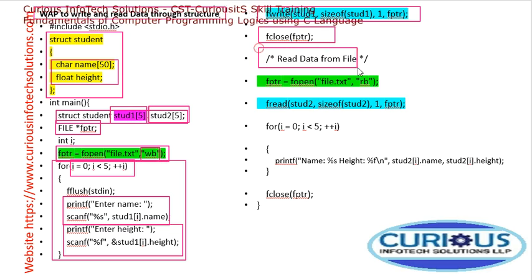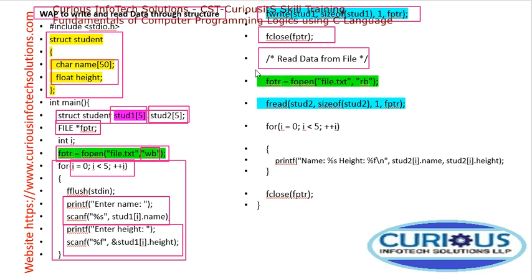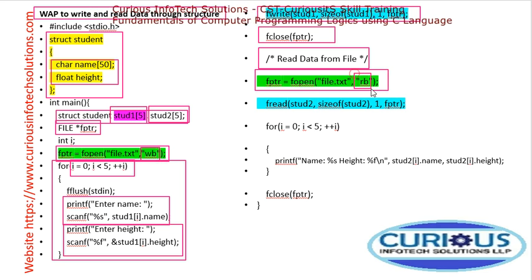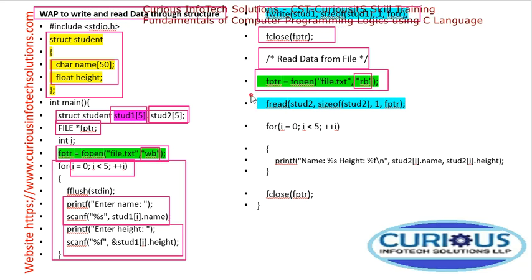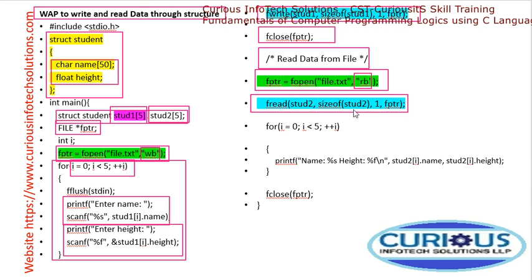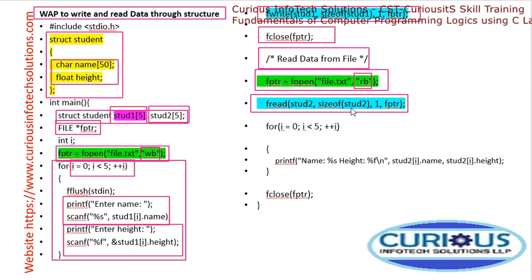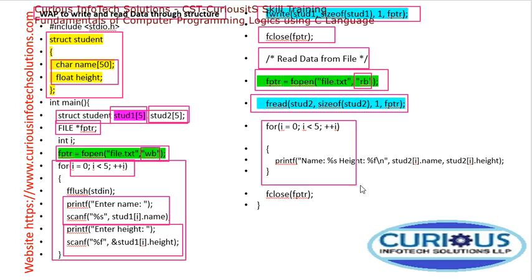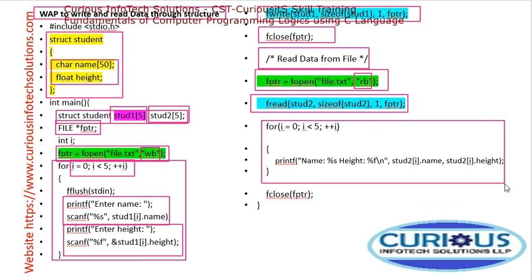Now how will we read data from the file? This is the option. First open the file in read mode, and then with one command you read all the data. How many data are there? 5 records, and each record has two members, meaning 10 data items you read through one command. After reading, you only have to display it on the screen.